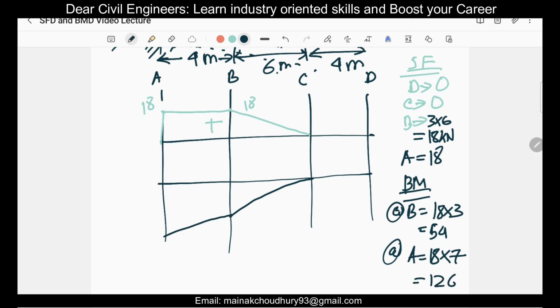Just join this like this, and this will be 126, this will be 54. This is hogging, so this is the negative direction. This is the BMD, and this is the SFD. So this is one for this particular shear force and bending moment.